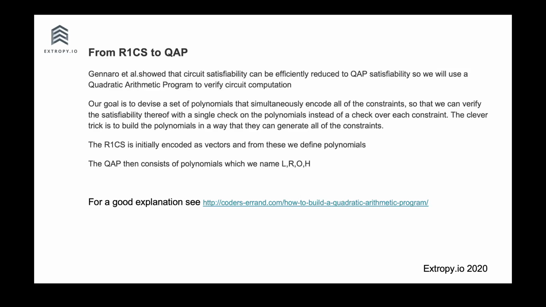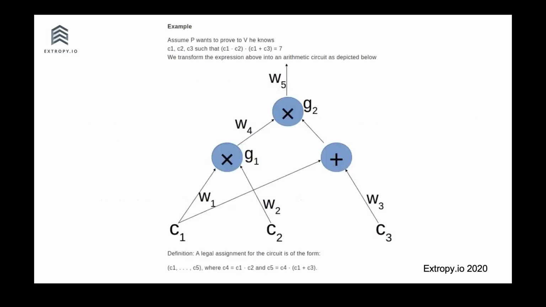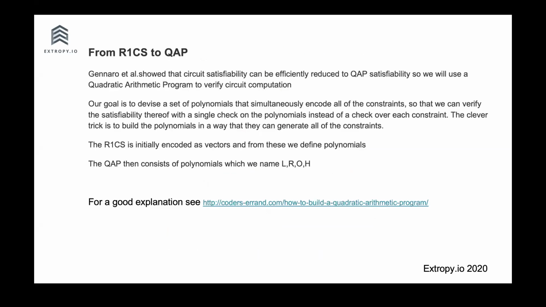So if you want to go into more details of how we move from this circuit into polynomials, you can go through there. But it is really through taking all of the assignments that we have, all of these constraints within our system, and turning them into vectors.